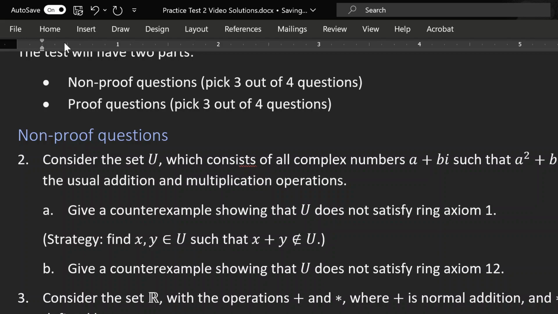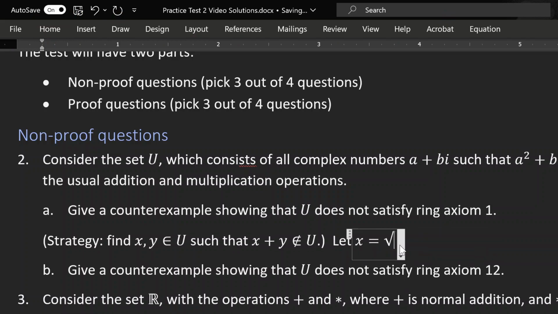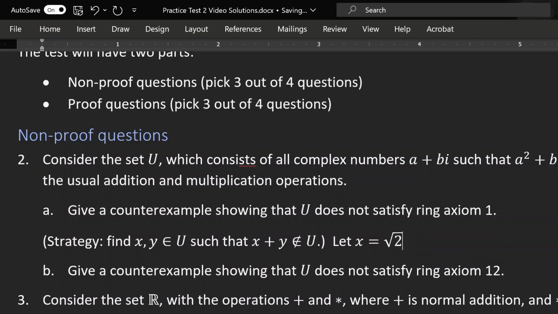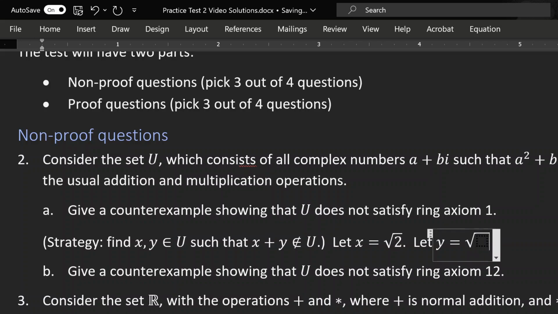Actually, I think I went too hard on the written solutions. I can do this way easier if I take them both to be real numbers, because real numbers are a subset of the complex numbers. A real number A, without the imaginary part, that would satisfy this equation would be the square root of 2. So let X be just the square root of 2, and let's make it really easy on ourselves and use it again for Y as well.